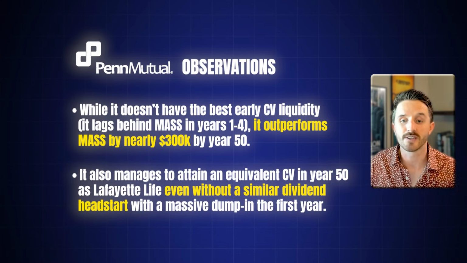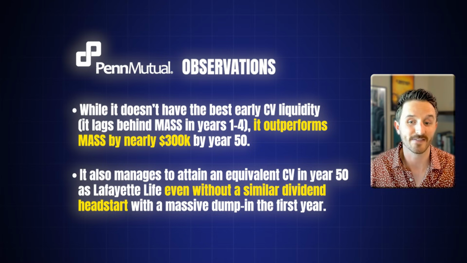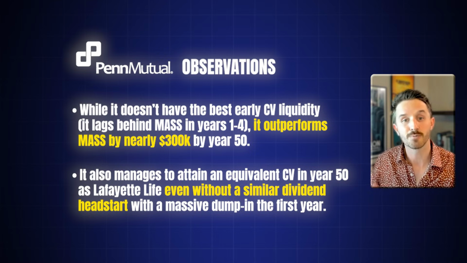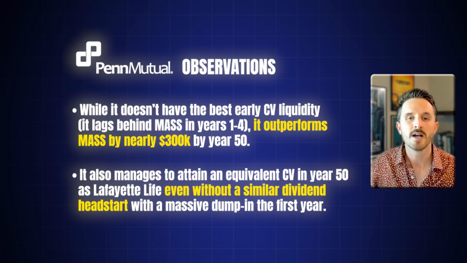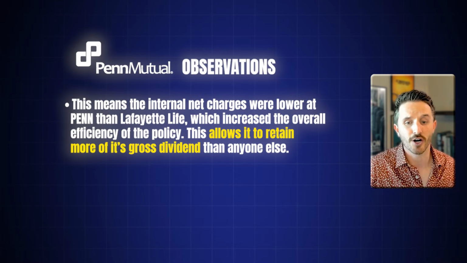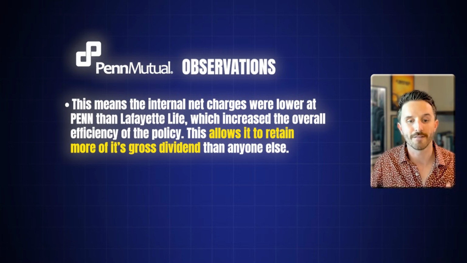It also manages to attain an equivalent cash value in year 50 as Lafayette Life, even without a similar dividend head start with that massive dump in the first year. Because when you put in 250 rather than 50, you get much more dividends right away in Lafayette Life than you do at Penn. So there's this kind of scaled advantage that Penn overcame because it has such a lean chassis. This means that the internal net charges were lower at Penn than Lafayette Life, which increased the overall efficiency of the policy.